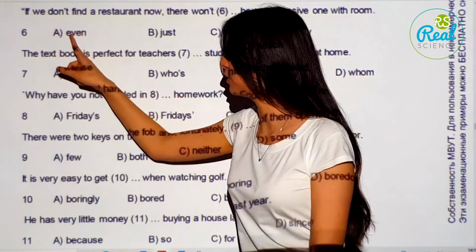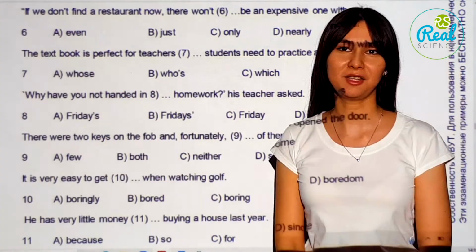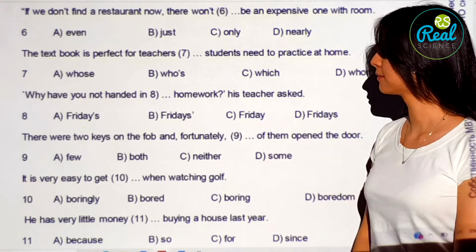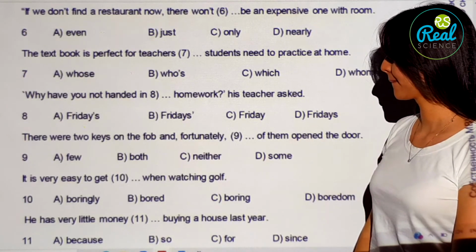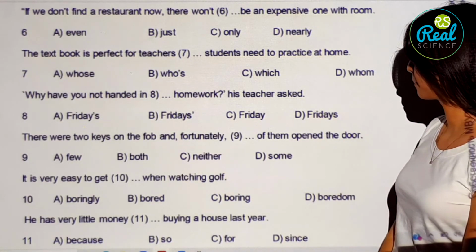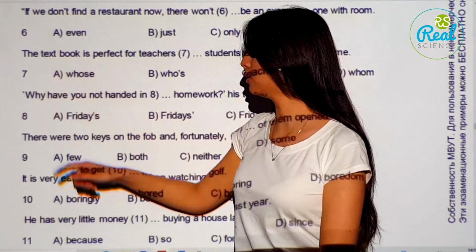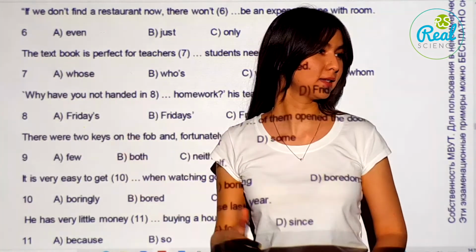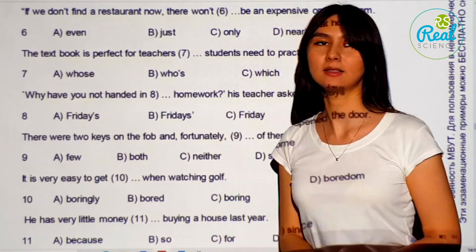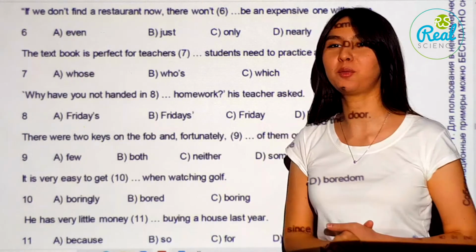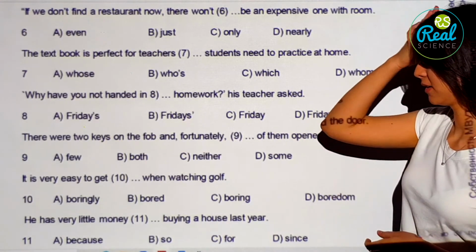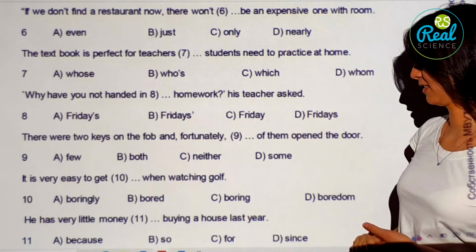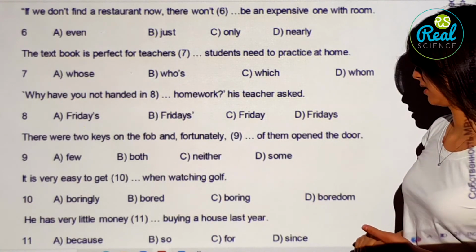So in that case A1 is correct. Read the next one. The textbook is perfect for teachers whose students need to practice. A1, okay, good. Eighth, who wants to do the eighth? One of the boys, can you read? Why have you not handed in Friday's homework? his teacher asked.